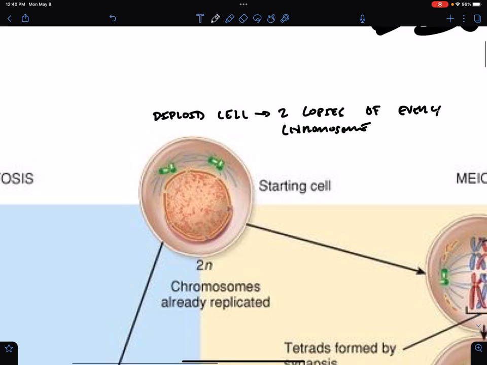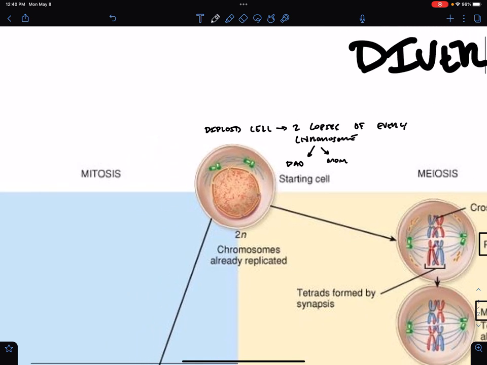So a copy from biological dad and another copy from biological mom. When we talk about diploid organisms, humans are an example of them.